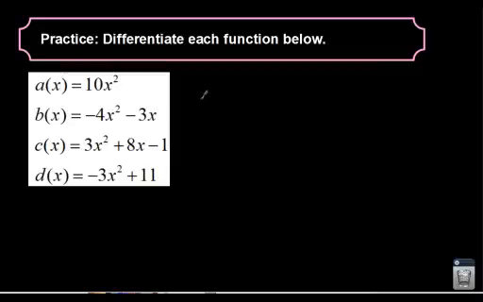All right, so let's go ahead and practice differentiating each function. We're going to start with a of x. The first thing is we need to write that we're finding the derivative. So we're going to say a prime of x, or a dashed of x, like the British. The first thing is we're going to deal with our exponent. So the 2 gets kicked out front. So we're going to say 2 times what's already here, 10, x to the, now we take our exponent and we take away 1.